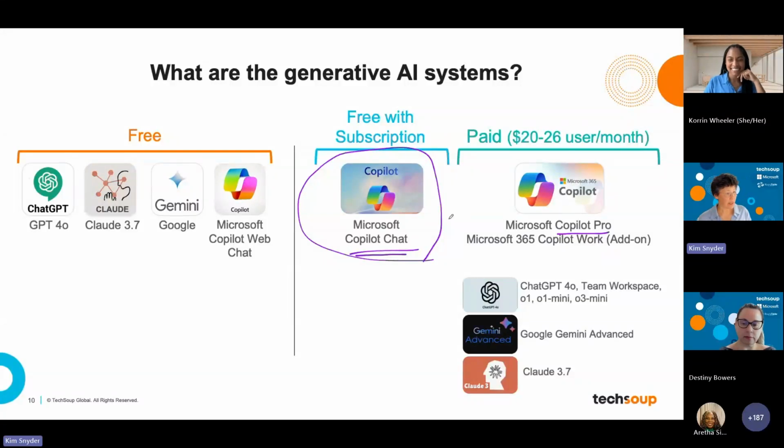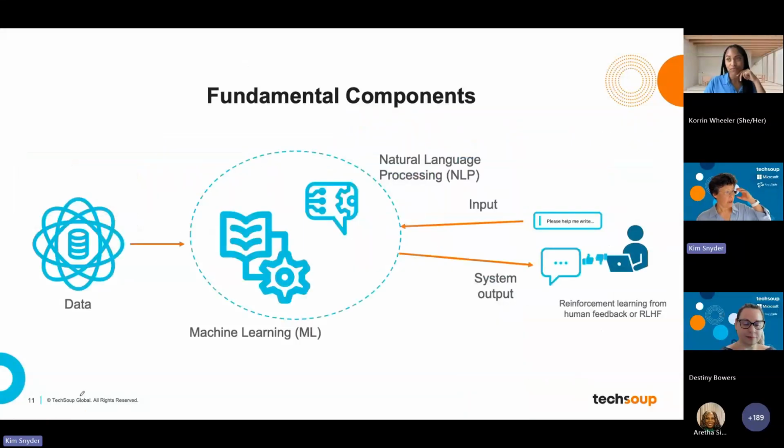There are also paid versions of these other systems, ChatGPT Team and Google and Claude Teams, and there's a reason to go with a paid subscription. You know that saying, if you're not paying anything, you're the product. True here too.